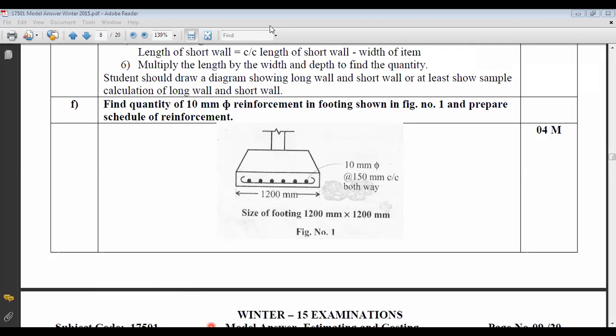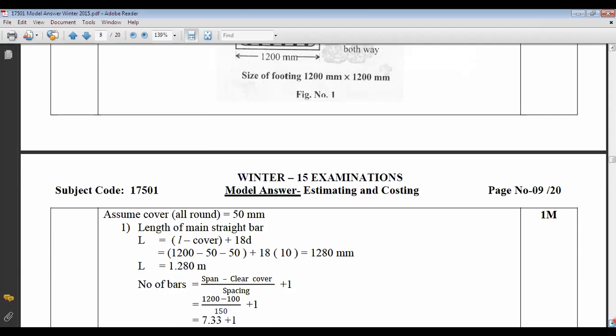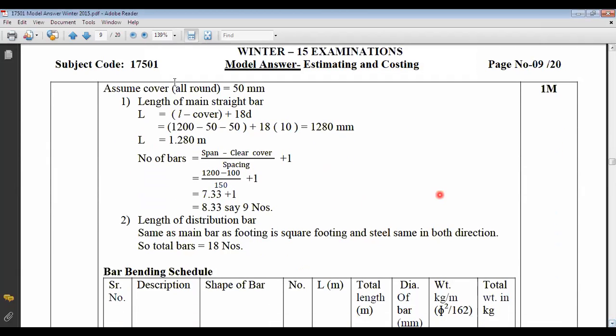Everyone, please write down the problem. If you're done with the problem, I will scroll down the screen a little bit, write down the answer for it.